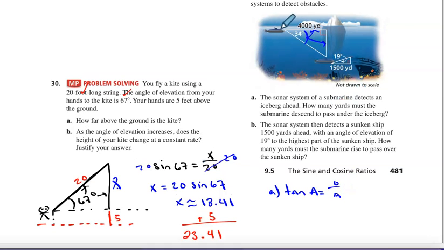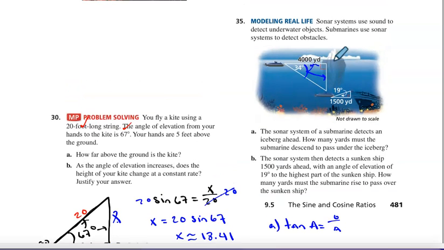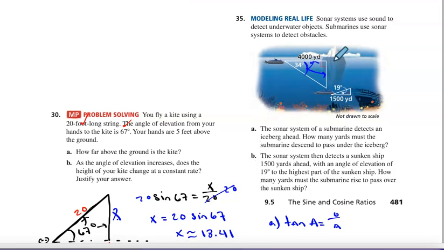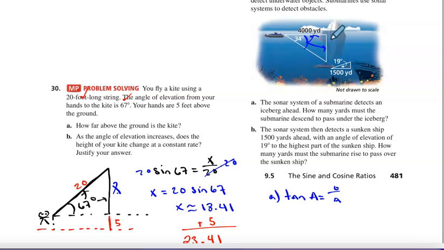So I need to descend here. I've got the tangent of 34 is equal to the opposite, which I don't know. I'm just going to call that x, not o, just to not make that look like a 0. So x over 4,000.